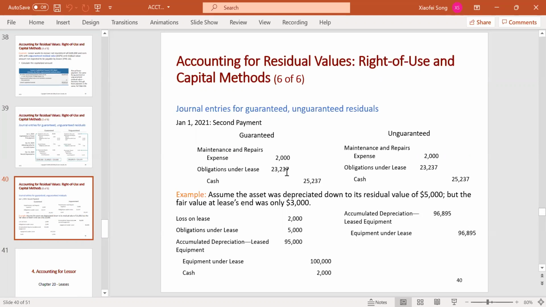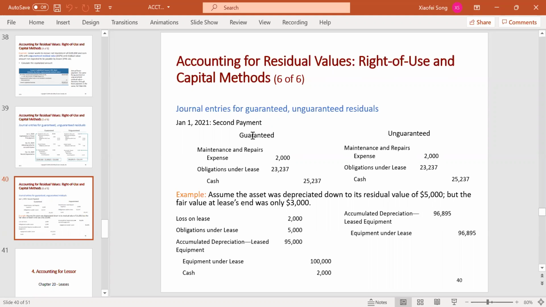If we do that for 5 years, by the end of the 5th year, if the residual value is guaranteed, you will have a liability of 5,000 left. And the cumulative depreciation will be $5,000 less than the leased asset.